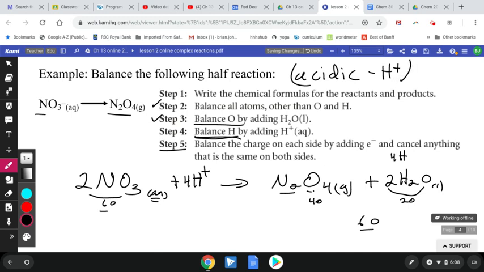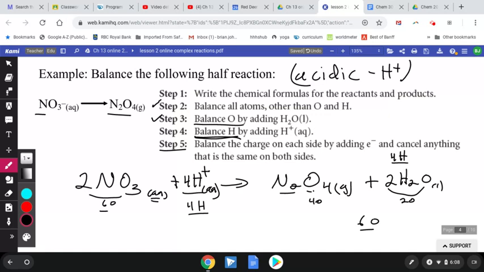So we can add H+ to either side. I'm free to add H+ to the reactant side, aqueous. Now I've got 4 hydrogens, 4 hydrogens. They're not atoms or ions or molecules, they can be any of those 3. So we balance the hydrogens, we balance the oxygens, we balance the nitrogens. This is a balanced equation except for the electrons.